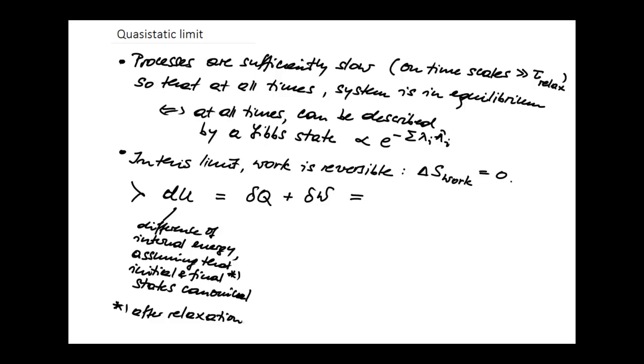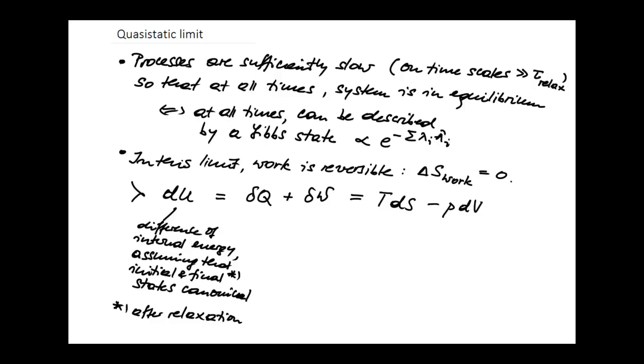So if I look at the difference of internal energies of the initial and final states, then we also know that this must be equal to TdS minus PdV. This follows from our very general framework of statistical mechanics.